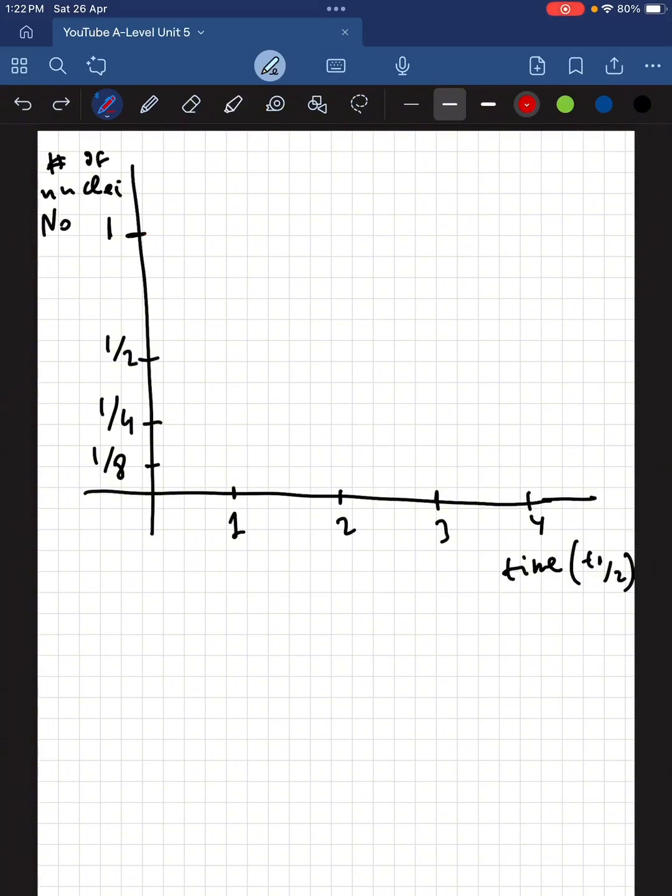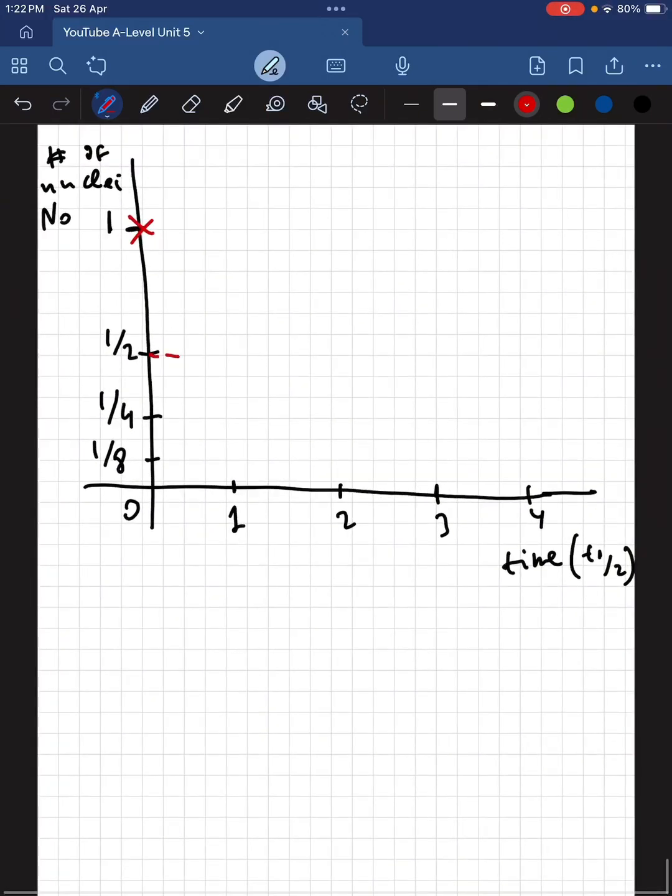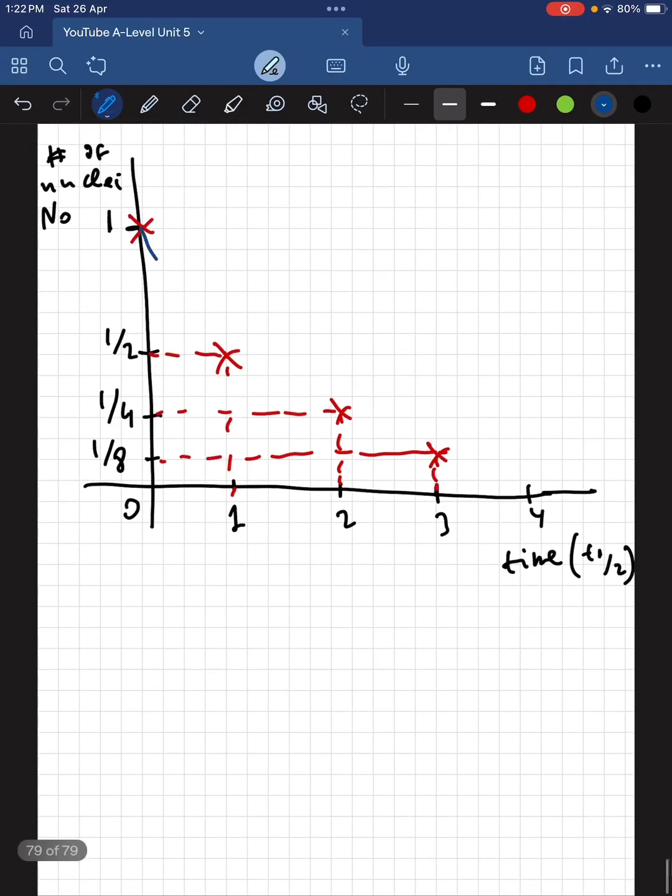So at time 0, we have all nuclei in our sample. After one half-life, we are left with N naught over 2, half the nuclei. In another half-life, we are left with even less, and then in another half-life, we are left with even less, and so on and so forth. So if we draw this line, we get the exponential decay line, okay?